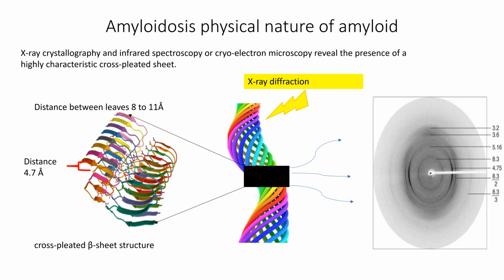The structural parameters: a distance of 4.7 angstrom between adjacent strands, corresponding to hydrogen bonds, and a distance of 8 to 11 angstrom between superimposed beta sheets, with hydrophobic and van der Waals interactions.